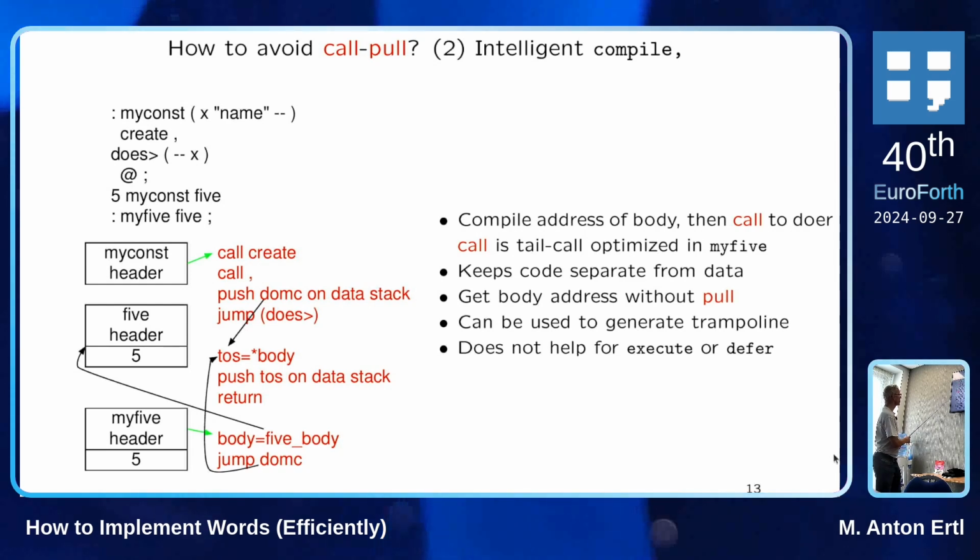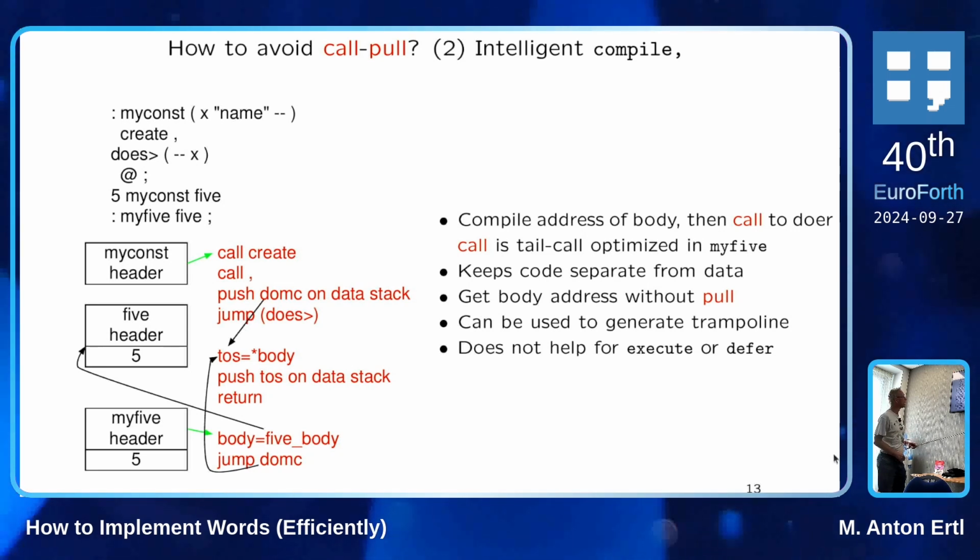And in our example, we compile 5 inside another word called my5. It's a very simple-minded example.